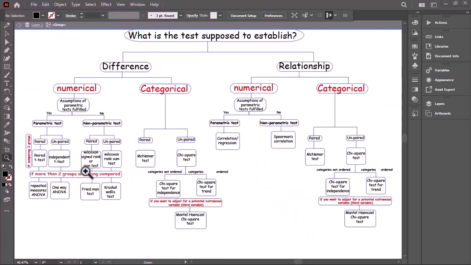So far we have looked at a number of tests. We have 1, 2, 3, 4, 5, 6, 7, 8, 9, 10, 11, 12, 13, 14, 15. So with this, you are able to effectively apply 15 statistical tests accurately without making any errors.